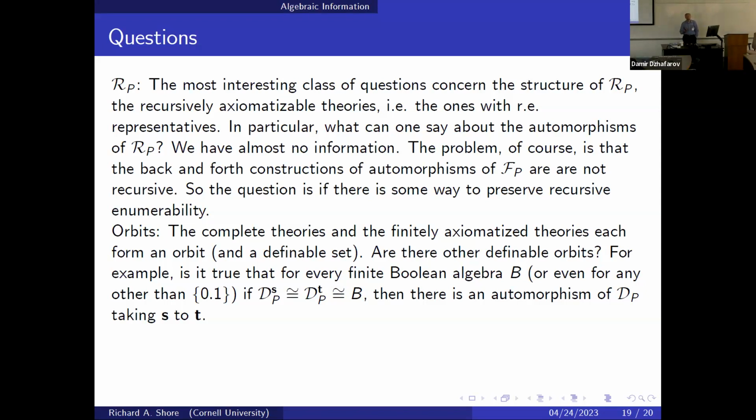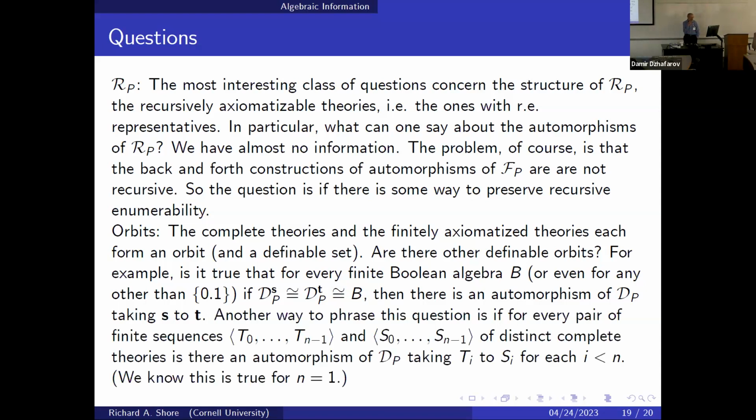We do know someone knows what all the countable Boolean algebras are. Ketonen has a long, difficult paper characterizing exactly all the countable Boolean algebras in terms of certain invariants. Whether those invariants are enough to guarantee that you can build an automorphism of this structure, not a clue.